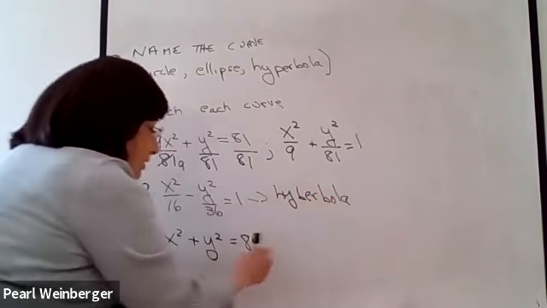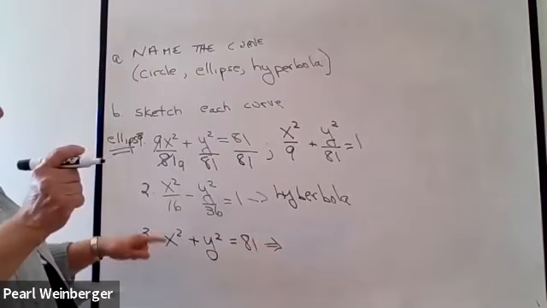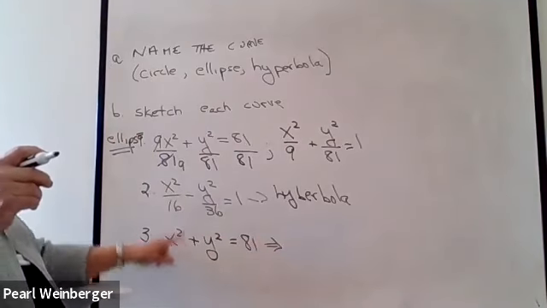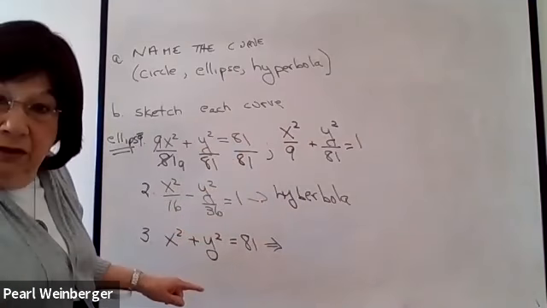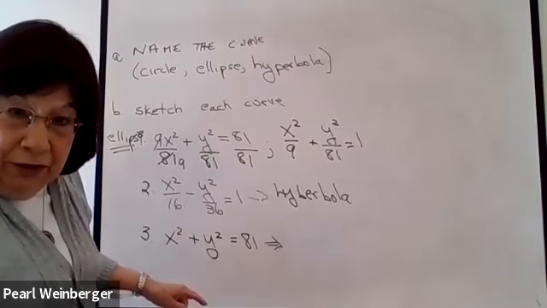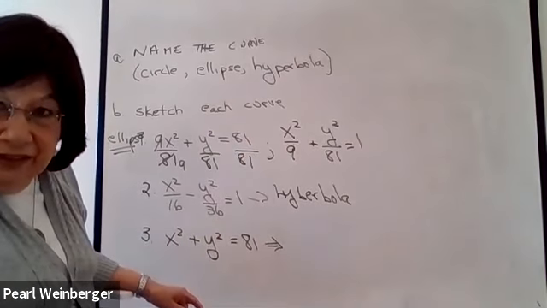Now, Cheryl, I see you said this one is a circle. How is this one different than these two? Cheryl, you want to tell me or you want me to do the explanation? You can do the explanation. Okay. You're absolutely right.